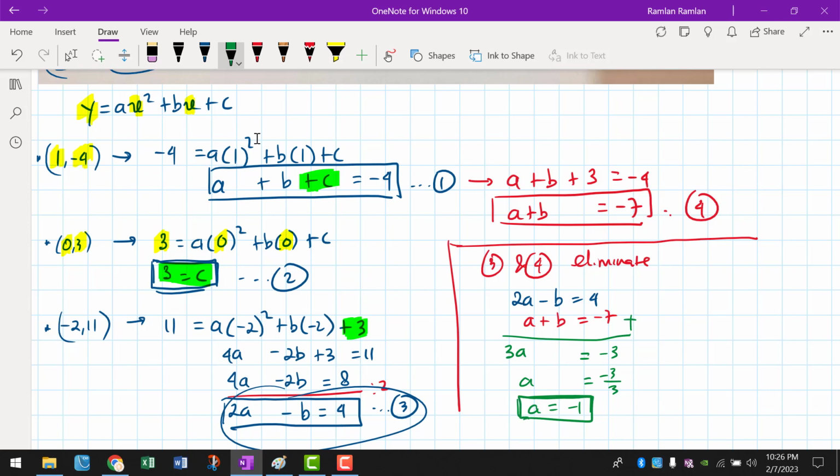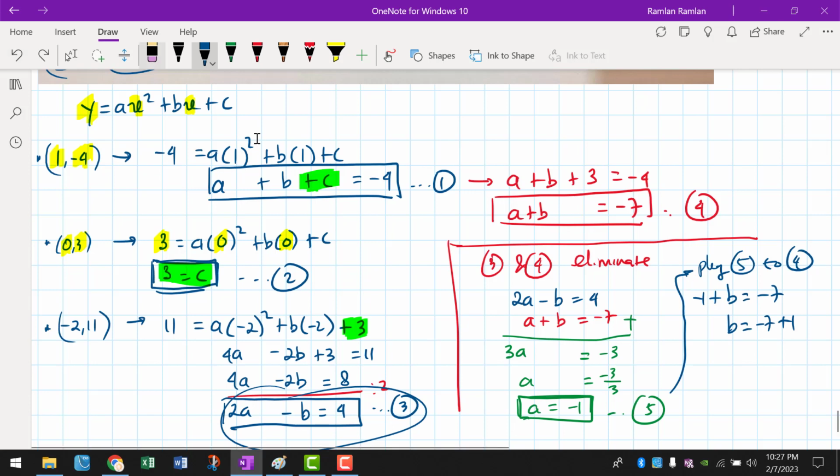I'm gonna call this equation number 5, and I'm gonna plug 5 into the fourth equation. The a here becomes minus 1, so there will be minus 1 plus b equals minus 7. I'm just gonna move this minus 1 to the other side of the equal sign. That will be an addition, so b equals minus 7 plus 1, so b equals minus 6.